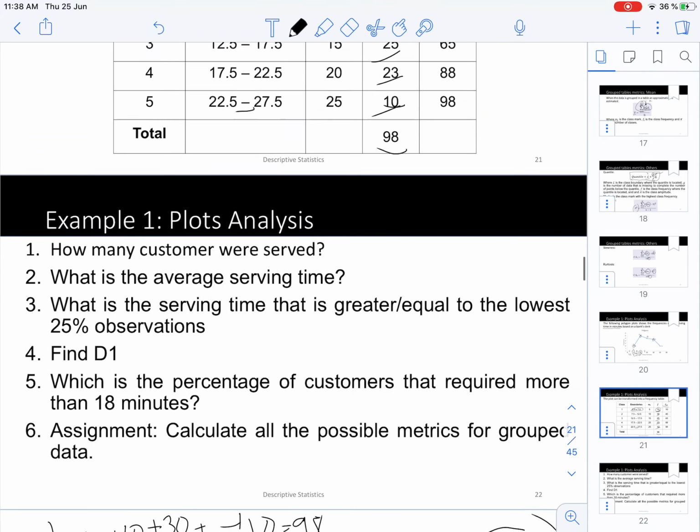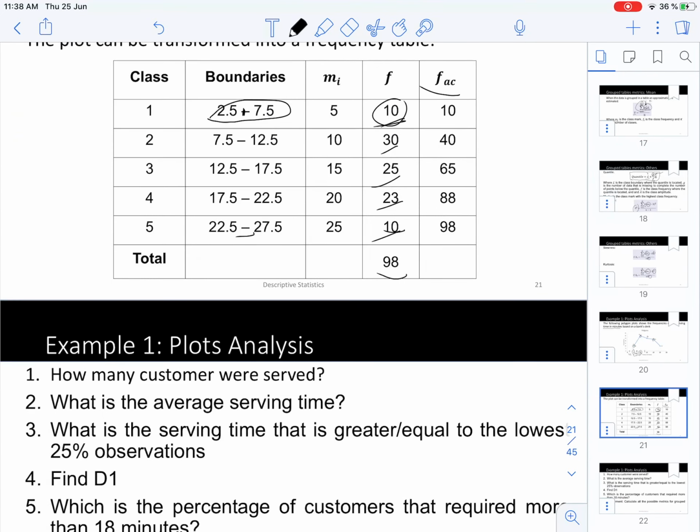At least let's identify in which class that position is located. For that purpose, we will use the cumulative frequency. In the cumulative frequency, we can know which positions are located in each class. For example, in the first class, we have the first 10 positions. Then, in the second class, we have from position 11 up to position 40.